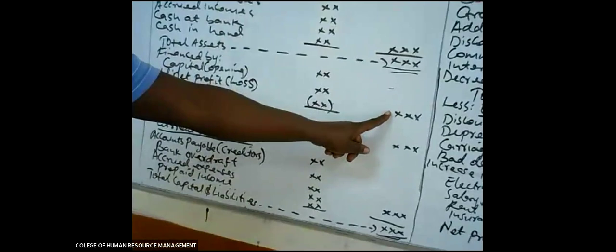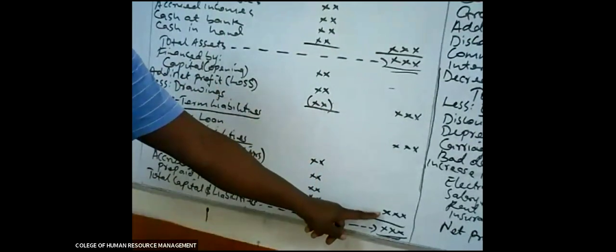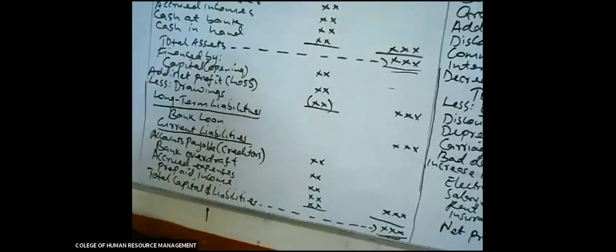Then closing capital, long-term liability, total of current liabilities, they give you the figure here, total capital and liabilities. And then that is the end of it.